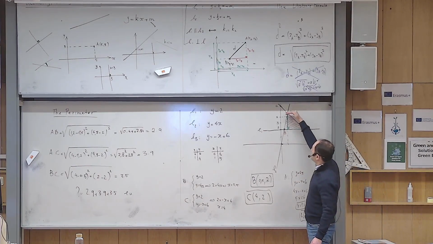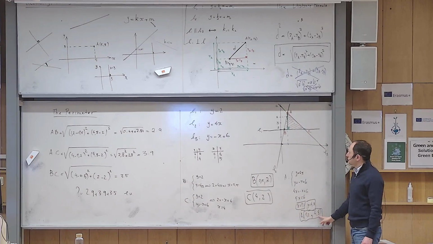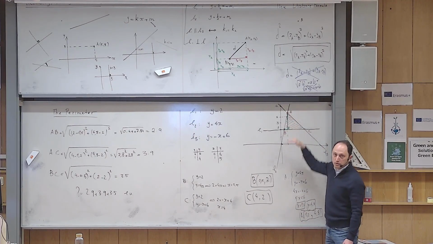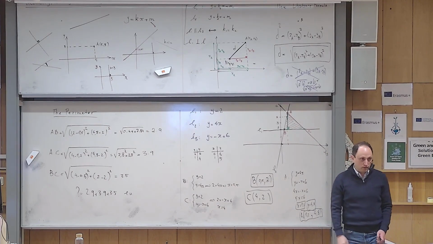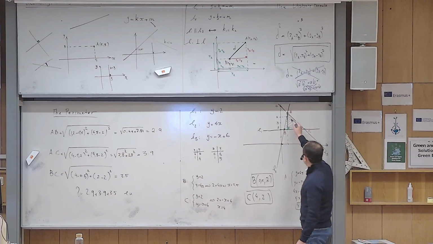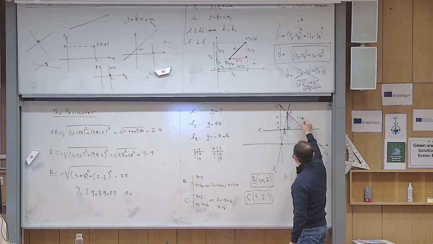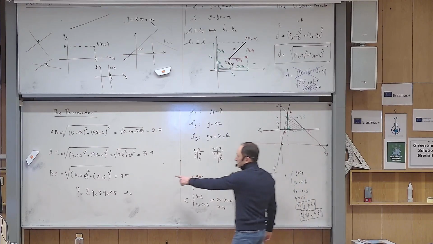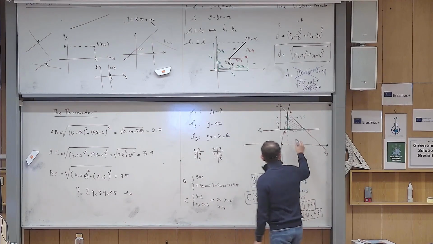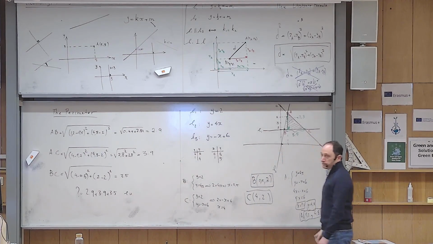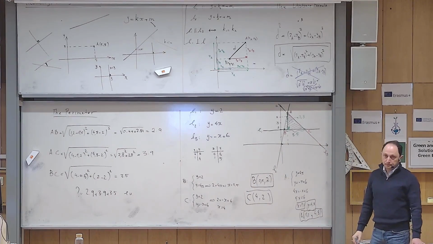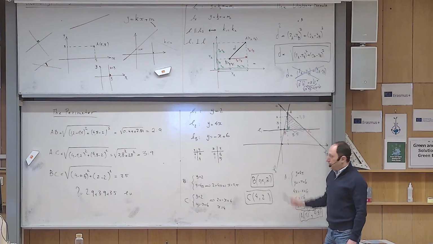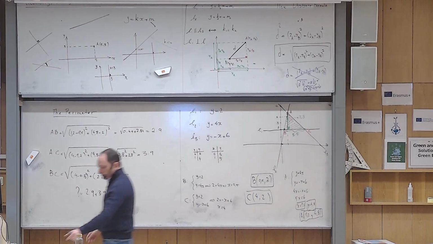So the height of A is 4.8, but here is 2. So the distance is how much? 2.8. Okay? So this height is 2.8, and this length, I just did it, is 3.5. And then the area becomes what? So I would write the area.